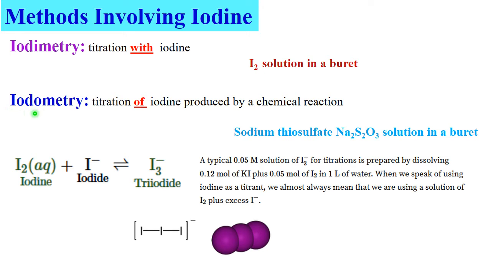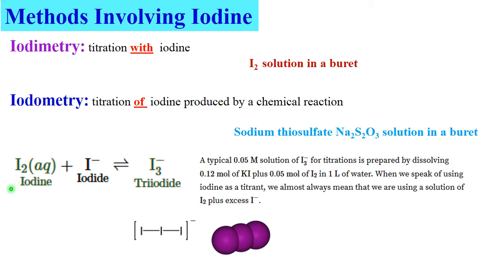Another is iodometry. You produce iodine by some chemical reaction and then titrate it with sodium thiosulfate solution in a burette. In your burette it's sodium thiosulfate, colorless solution, and you titrate iodine that is produced by another chemical reaction. And this is how you determine your analyte.